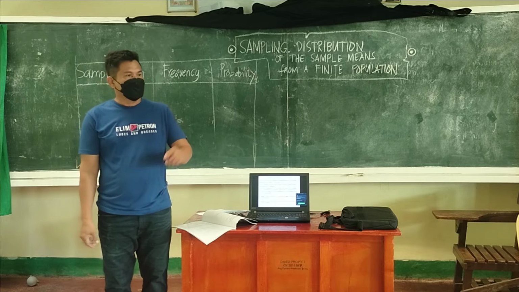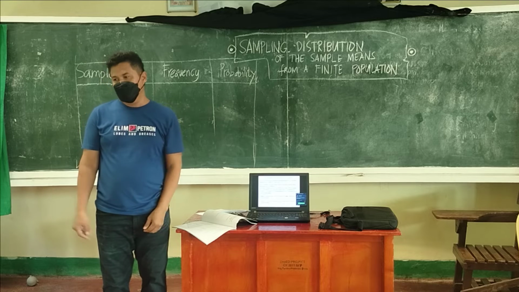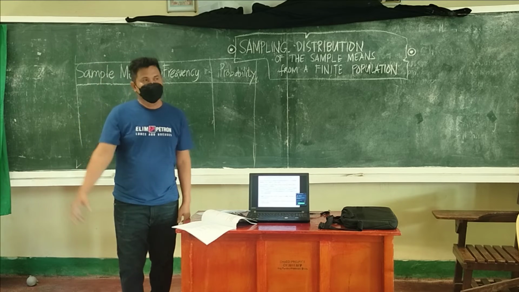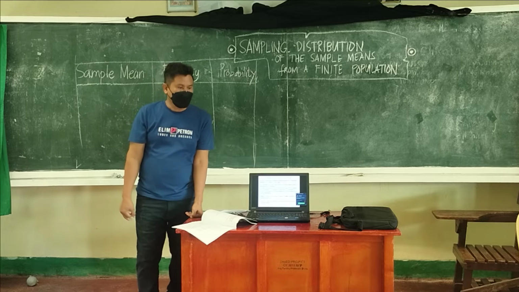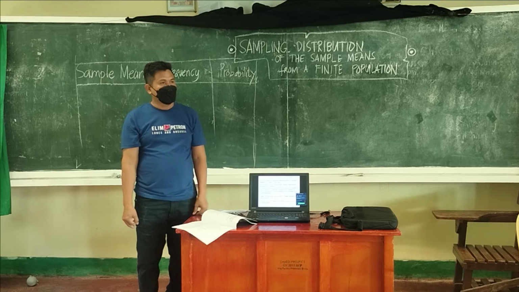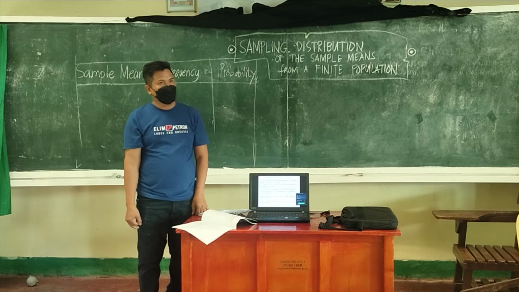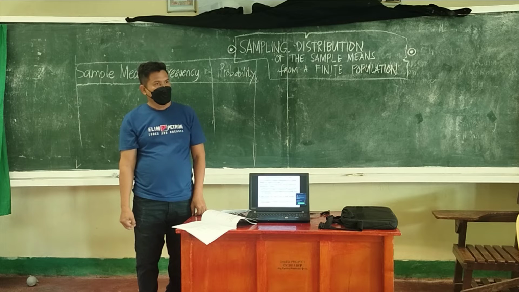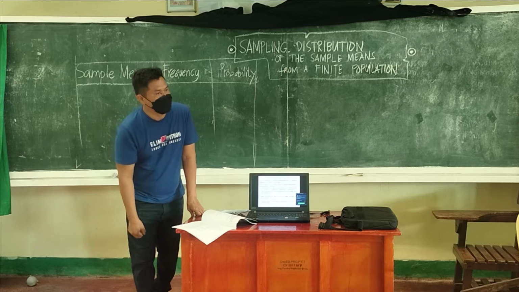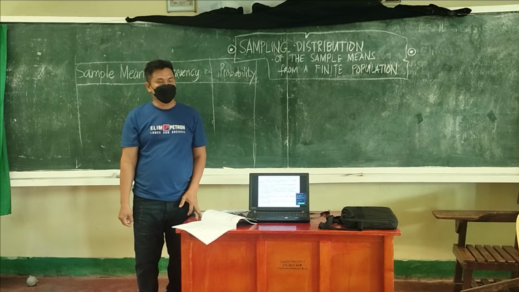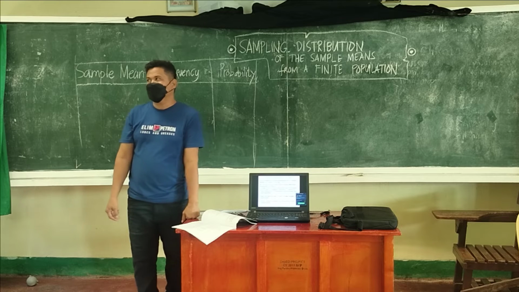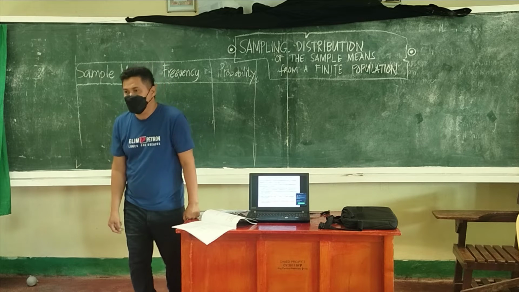We have Team A there, and Team B on the right side. So for Team A, what are the coins that you have there? Oh, very good. You have the 10 centavo, and also the 5 centavo. How about Team B?